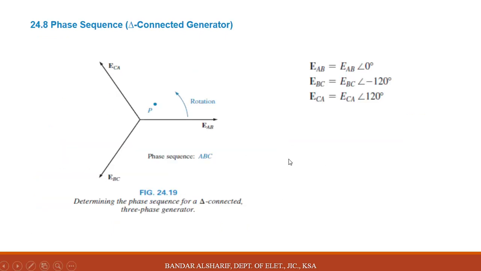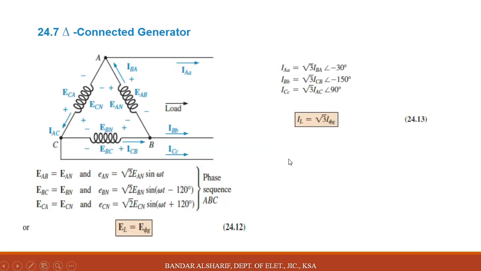Okay, my students, today we'll start talking about the delta connected generator and the delta system in general, section 24.7. Here you can see the delta connection as we mentioned in the previous lecture.